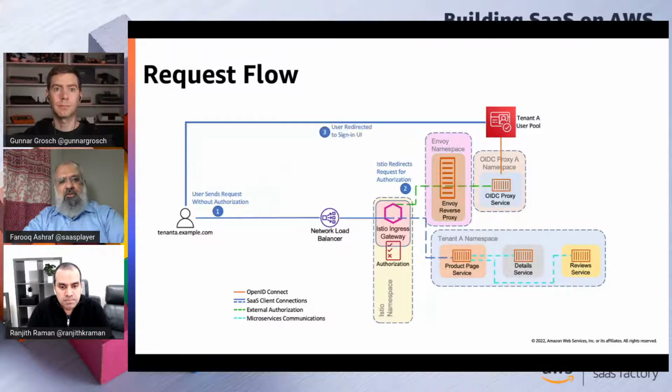And once they do this, they will be issued a code, which is the OAuth2 code exchange mechanism. And once they get the code, which you can see in red there, that code will be passed by the browser back to the Istio Gateway with the callback URL. And that code is now going to be exchanged for a cookie that the OAuth proxy is going to set in the user's browser.